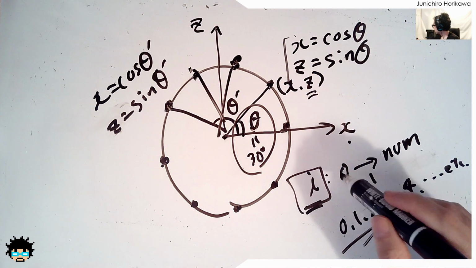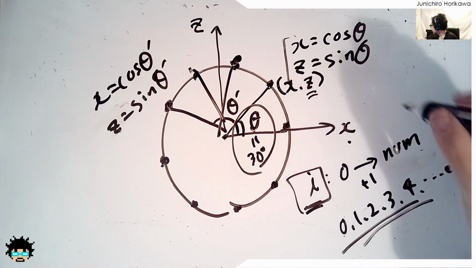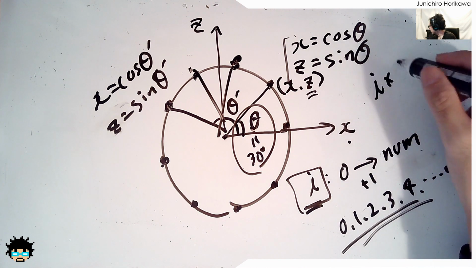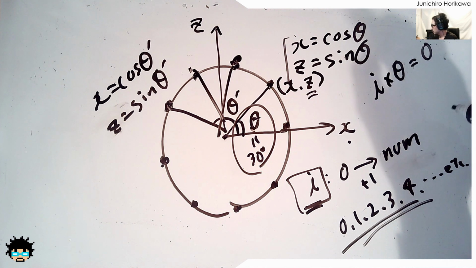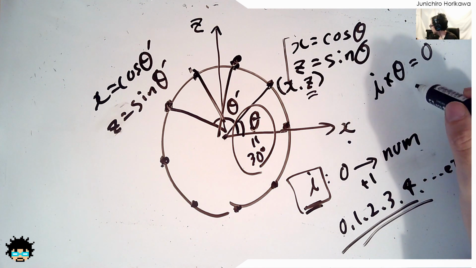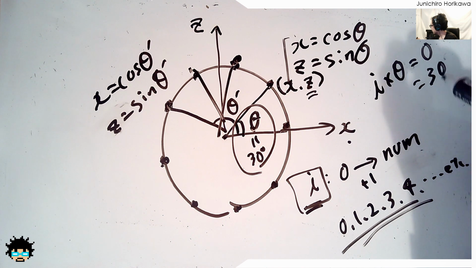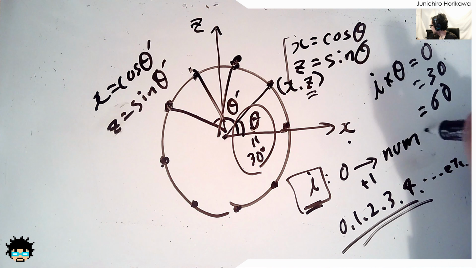So when the I is equal to 0, then I multiply theta is equal to 0. But when I becomes 1, then it will become 30. When I is equal to 2, it will become 60, and so on.